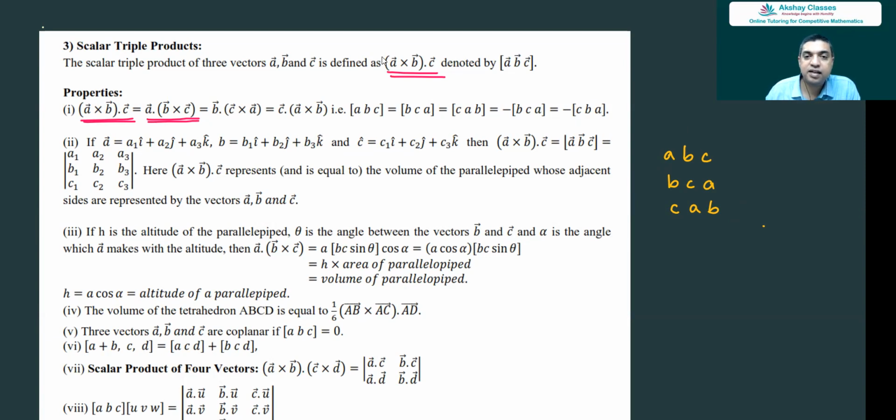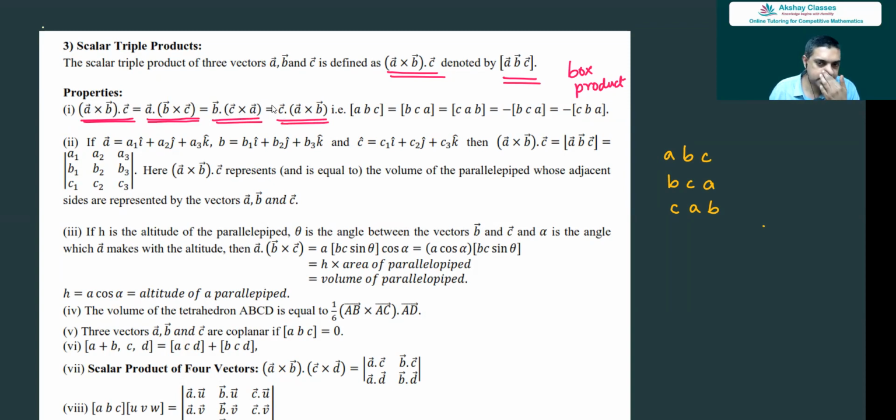As long as this cycle is maintained, the scalar triple product, also called the box product, will be the same in sign also. So you see ABC, BCA, CAB.